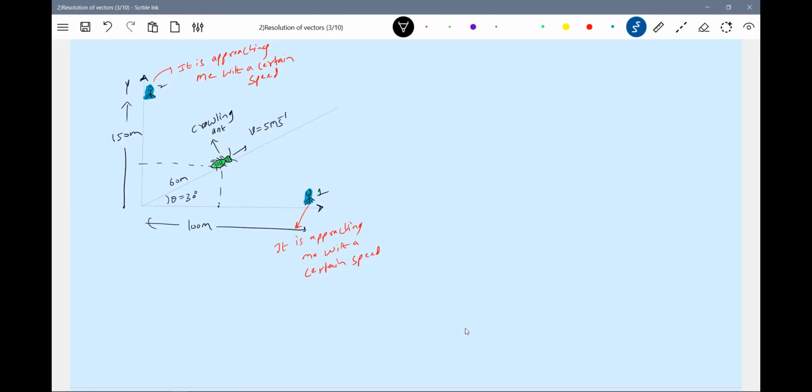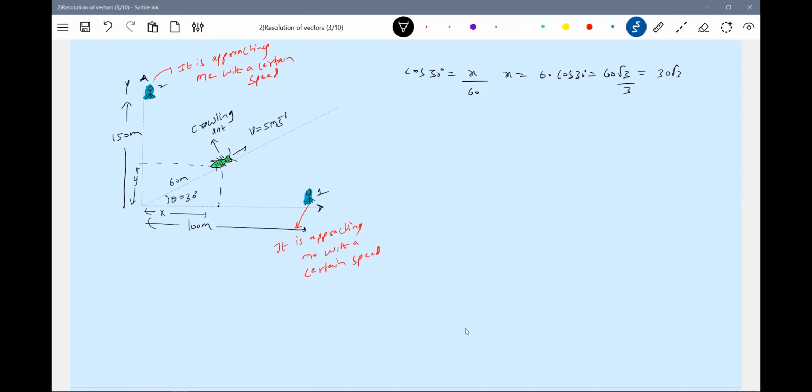So for this angle, this distance will be x, and this will be y. We'll calculate this one. Cos 30 equals x by 60, so x equals 60 into cos 30, 60 into root 3 by 2. This will be 30 root 3.